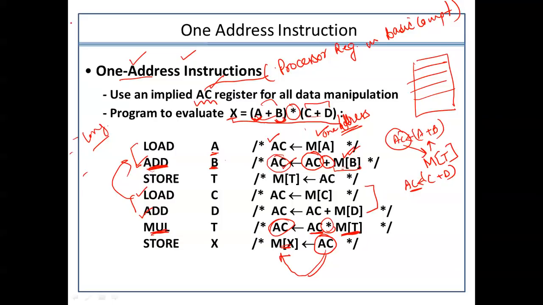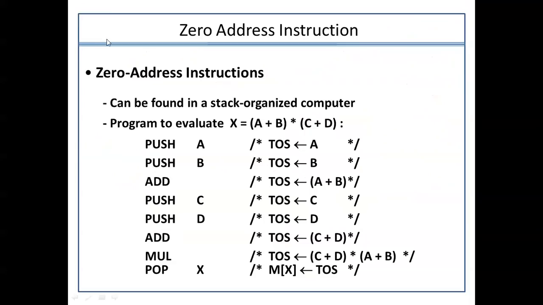So far we have learned about the 3 address instruction, 2 address instruction, and 1 address instruction. Now let's focus on another type of instruction, which we usually call the zero address instruction. Zero address instruction means I am not going to point to any address.